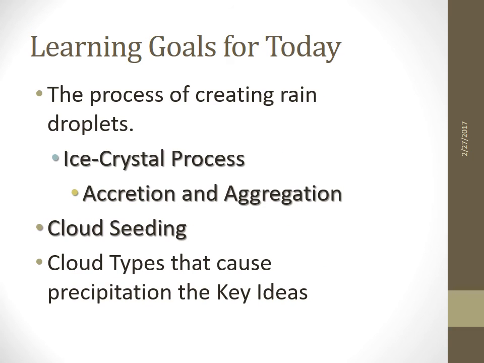So I hope you have a better understanding of the processes of creating rain droplets using the ice crystal process, how accretion occurs, and how aggregation occurs, what is cloud seeding, and the types of clouds that can cause precipitation. Basically, you've got the nimbostratus cloud and the cumulonimbus cloud.